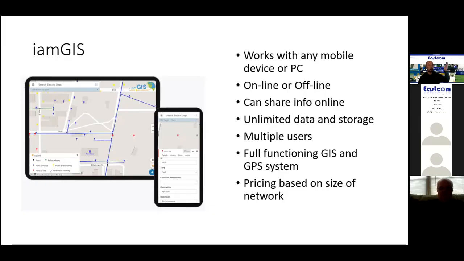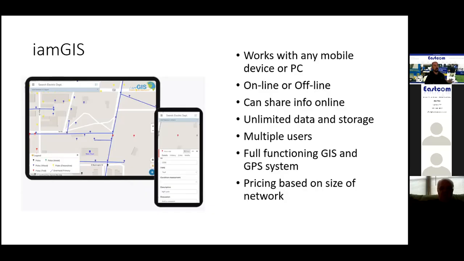But this is a full functioning GIS. You could take the information that you recorded and you could take somebody's email, punch it in, and you can give them access to the maps that you have. So it's a really good system, and especially a great system for anybody that has no GIS.